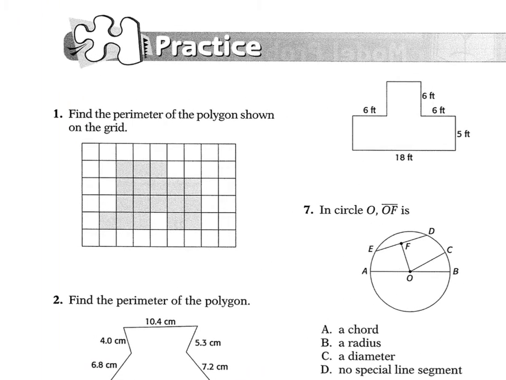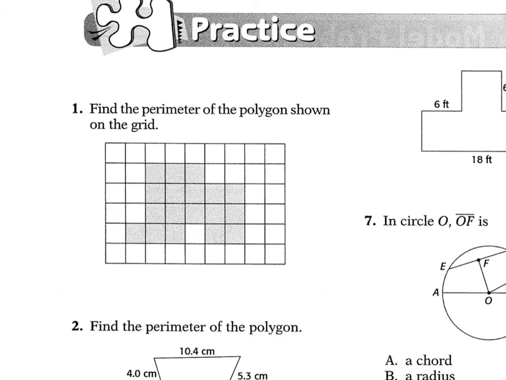For your next part of your practice, it says find the perimeter of the polygon shown on the grid. So we have 1 here, 1 here, 3 here, 1, 2, 3 here, plus another 1, plus 2, plus 3, plus 2, plus 1, plus 1, plus 1, plus 3.